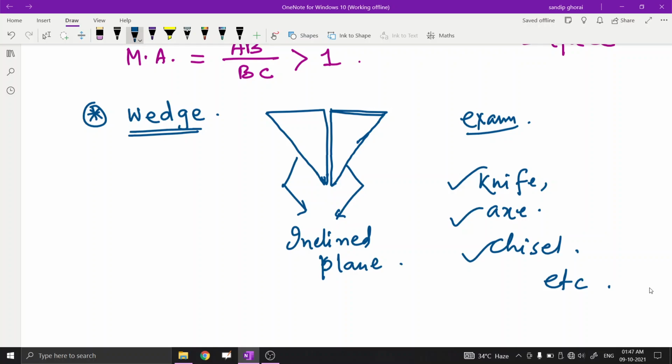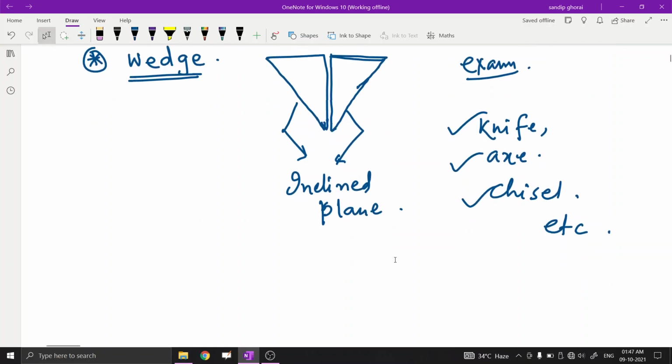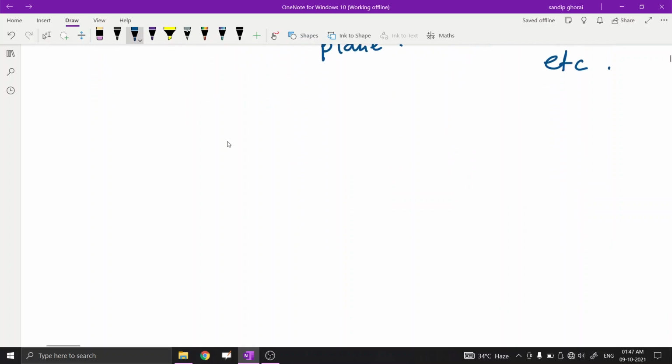Now we move to our fourth point, that is a screw. At first we have to know the definition of a screw.